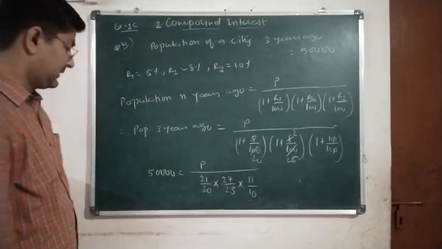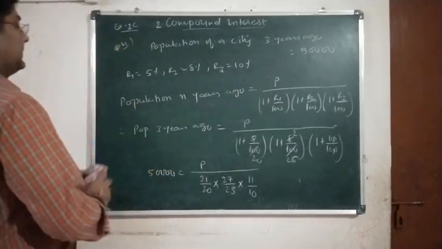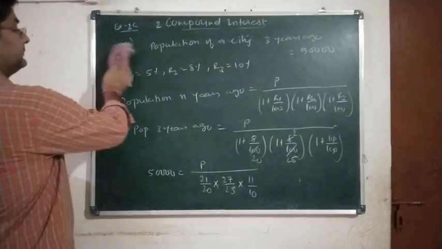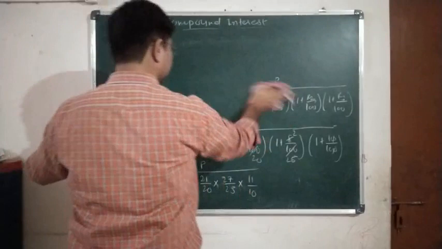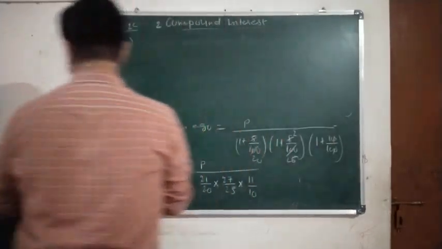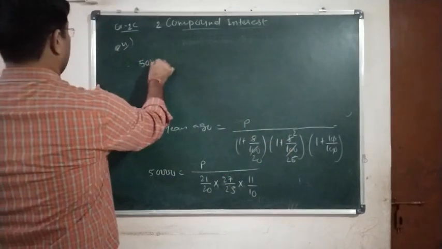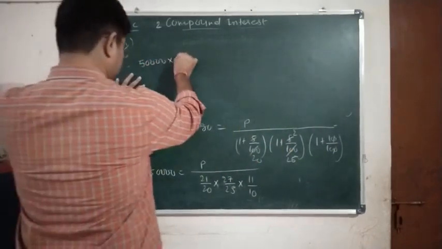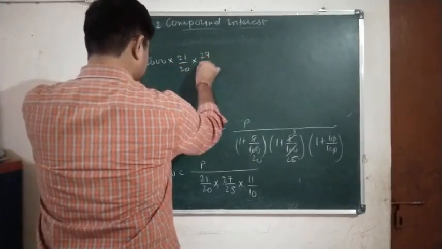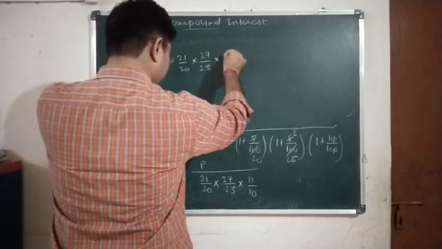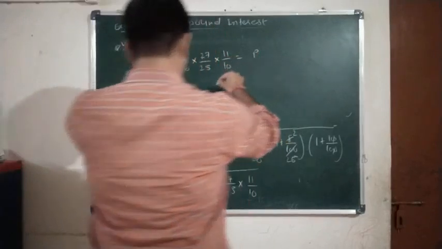We'll take it to the left hand side in multiplication, and therefore we will write 50,000 into 21 upon 20 into 27 upon 25 into 11 upon 10 is equal to P.